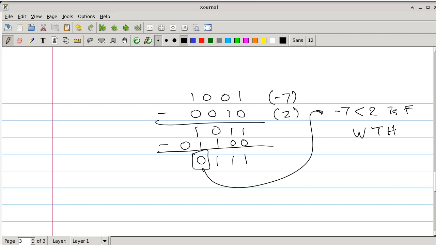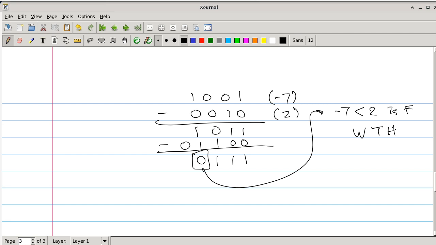But the most negative value you can represent using only 4 bits is negative 8. We just ran out of representation on the number wheel. So once again, we have an overflow situation. Okay? So what do you notice about the overflow situation? There's one common thread to all this. The sign of the difference does not make sense.